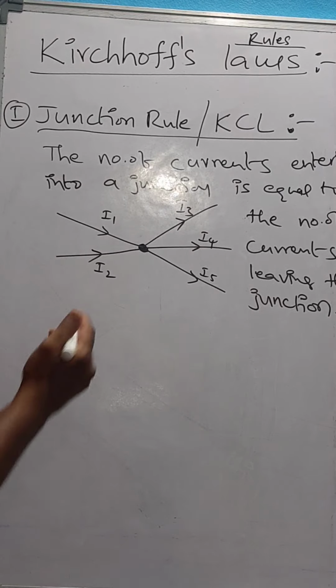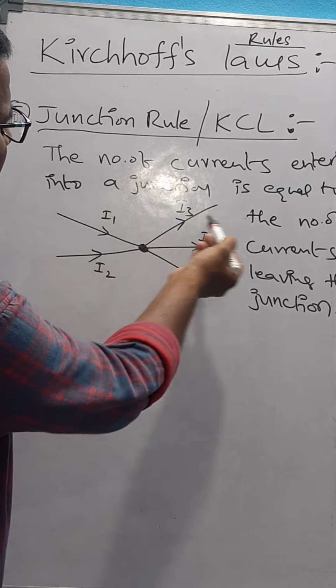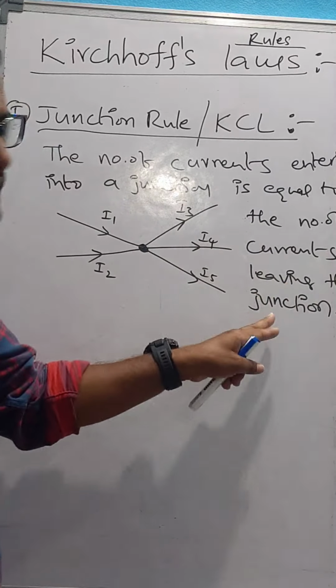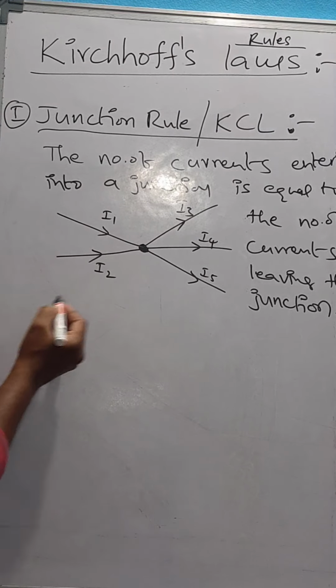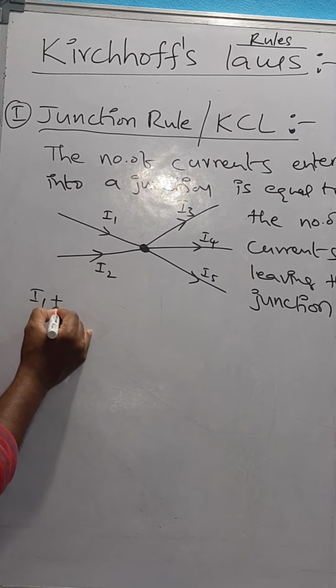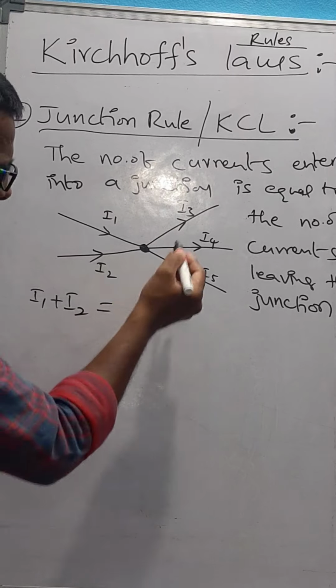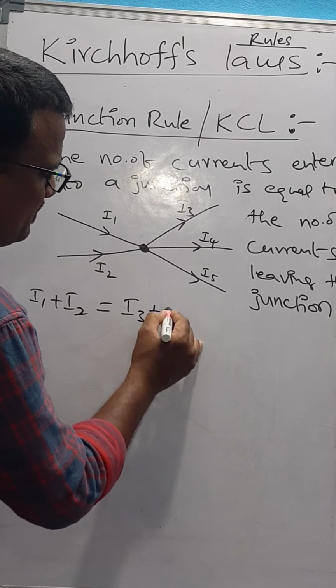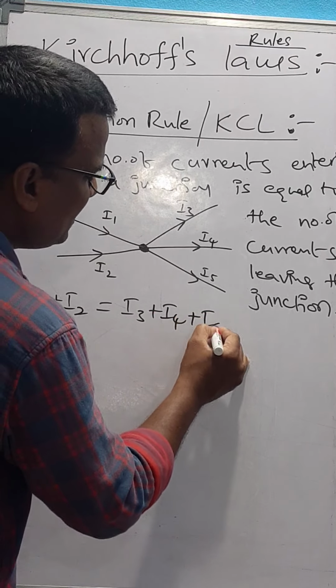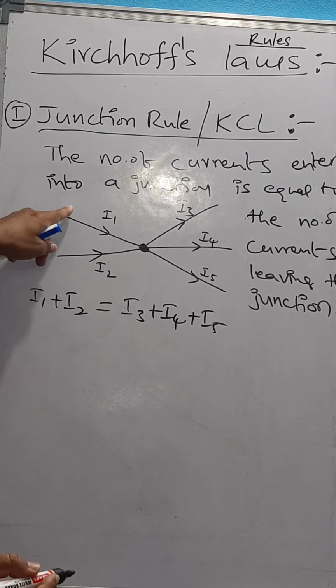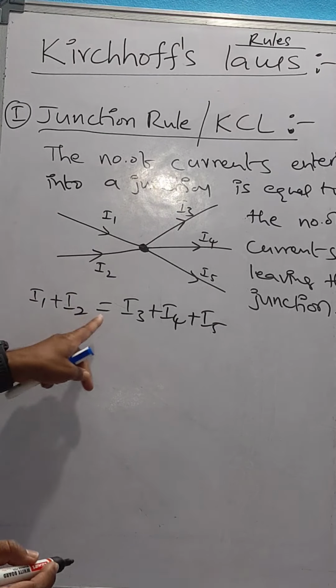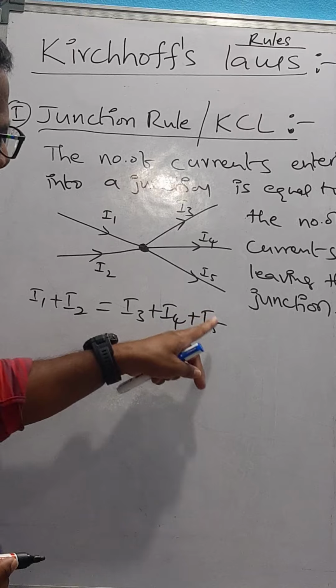Now, the number of currents entering a junction is equal to the number of currents leaving the junction. Currents entering are I1 plus I2. Currents leaving are I3 plus I4 plus I5. So I1 plus I2 is equal to I3 plus I4 plus I5.